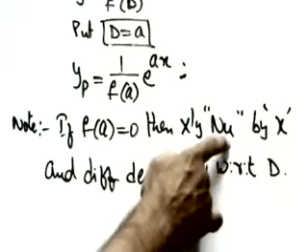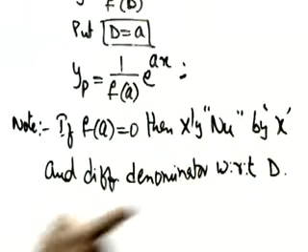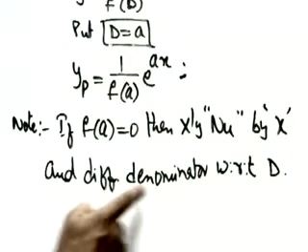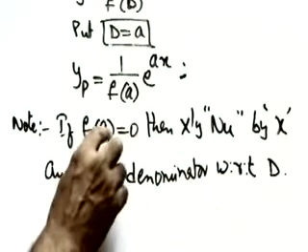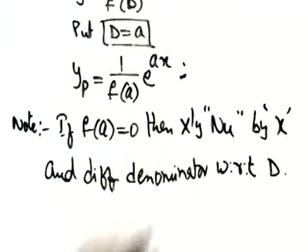Multiply the numerator by x and differentiate the denominator with respect to D. When we do the questions, I will explain in detail. You just memorize this sentence: multiply numerator by x and differentiate denominator with respect to D.